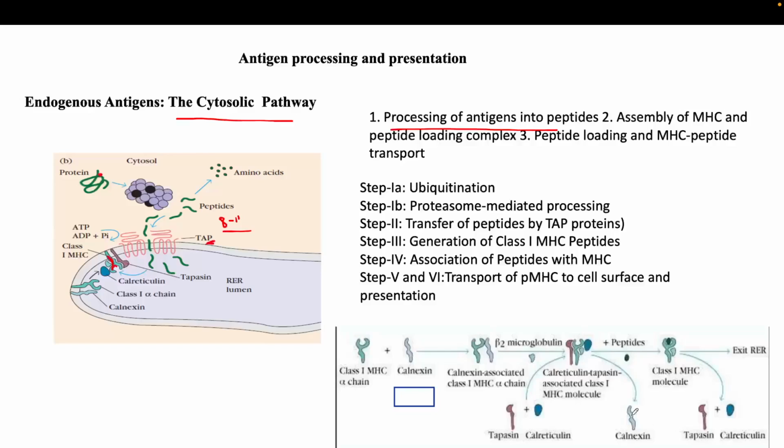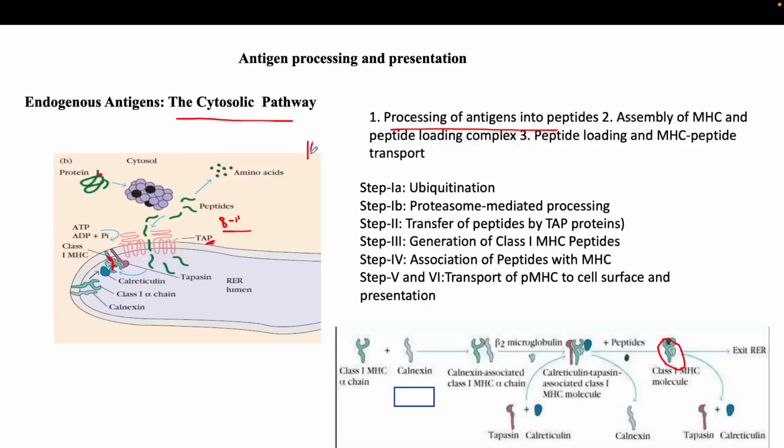Okay, and after binding, this complete complex will be packed into a vesicle, and it will be moved from the endoplasmic reticulum to the Golgi body, and from the Golgi body to the plasma membrane of the cell.